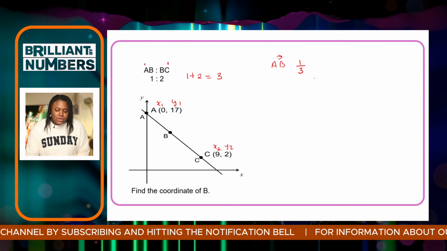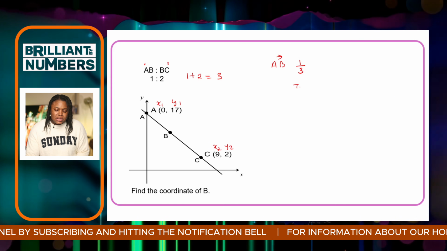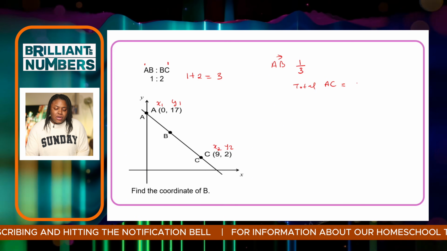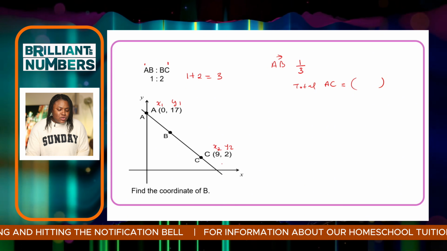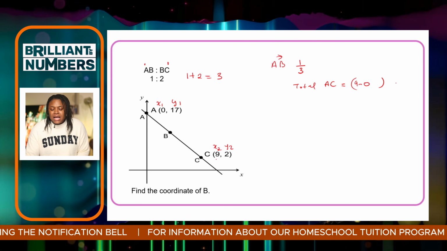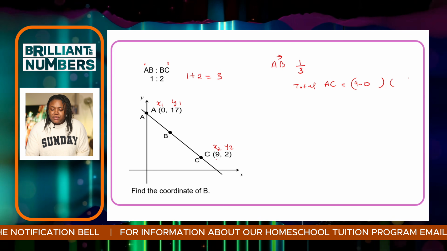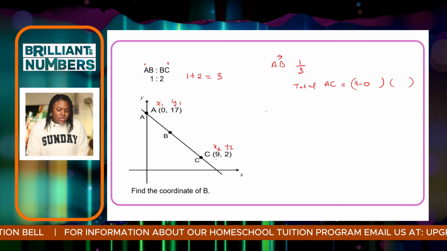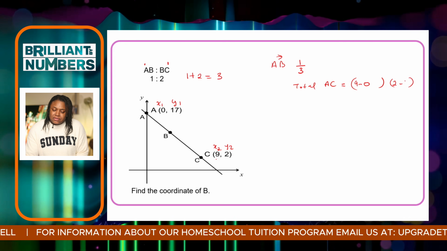So for the x coordinates, the total distance AC is equal to 9 take away 0. And for the y coordinates, I'm just going to put them in separate brackets first and then put them back together, which will be 2 take away 17.